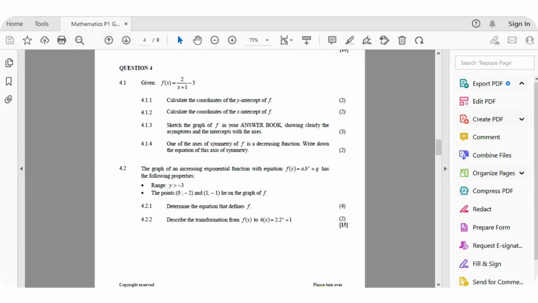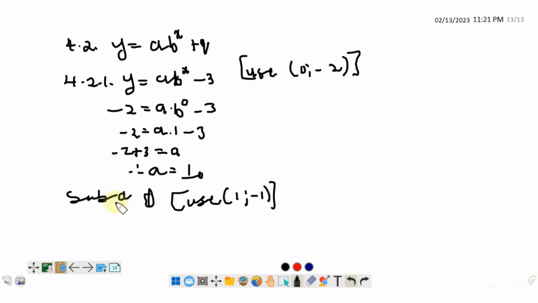Let me quickly verify that. 1 and -1. There we go. So we're going to use that to substitute there. So y is -1 is equal to a. The value of a is 1 because we solved it here. And then there's b to the power x. x is 1 here.